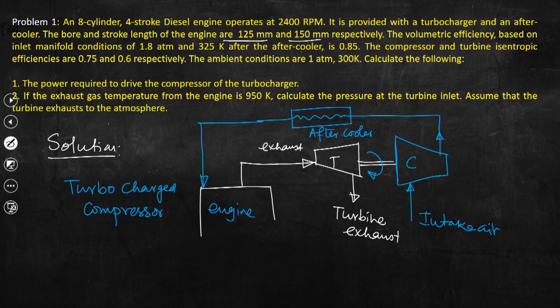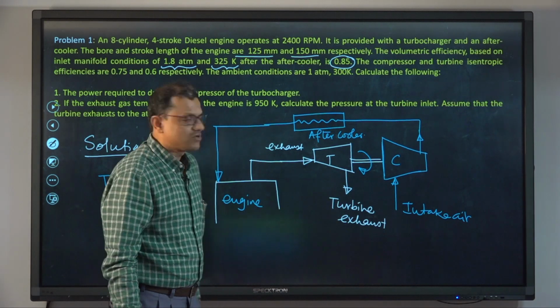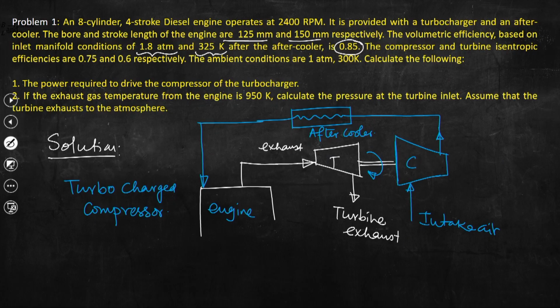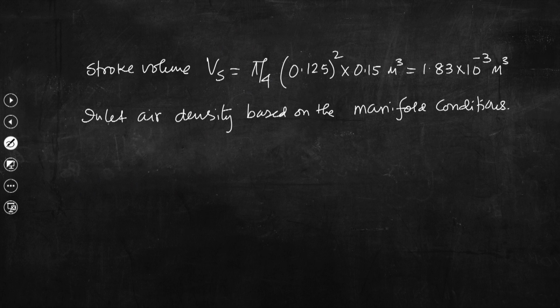It is given the volumetric efficiency based on the inlet manifold conditions of 1 are 1.8 atmospheric pressure, 325 Kelvin temperature and the volumetric efficiency is 0.85. So, what we can do is calculate the density of inlet air based on the manifold conditions, those are 1.8 atmospheric pressure and 325 Kelvin temperature.